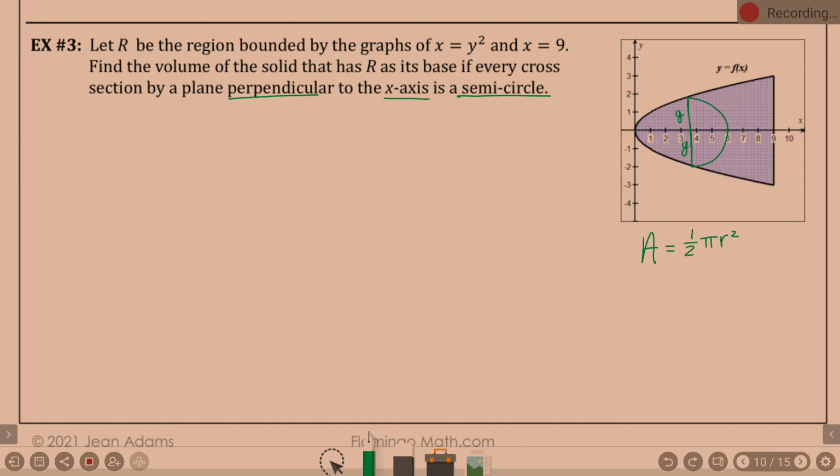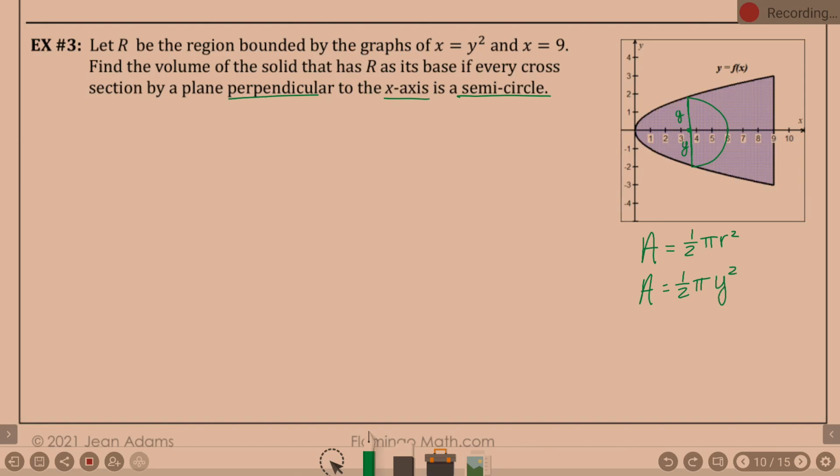So again, what are we working in? We're working in terms of x's. Now, what we need to know is that radius. How long is the radius of the circle? It's just y, yes? Because it would just be one of these. So your radius of your circle is y.